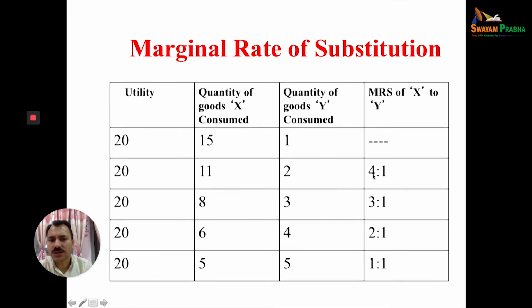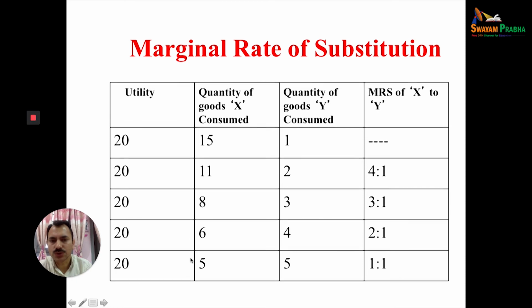The marginal rate of substitution here is 4 to 1. 15 minus 11 is 4, and 2 minus 1 is 1. 11 minus 8 is 3, and 3 minus 2 is 1. 8 minus 6 is 2, and 4 minus 3 is 1.